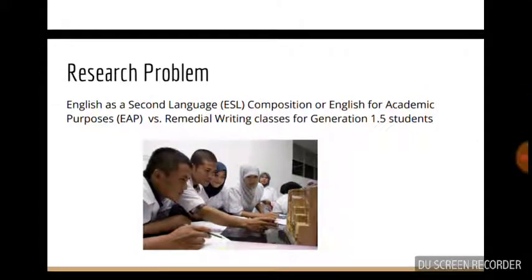Just a little background, I am focusing on how to best prepare Generation 1.5 students for their first year of English composition.